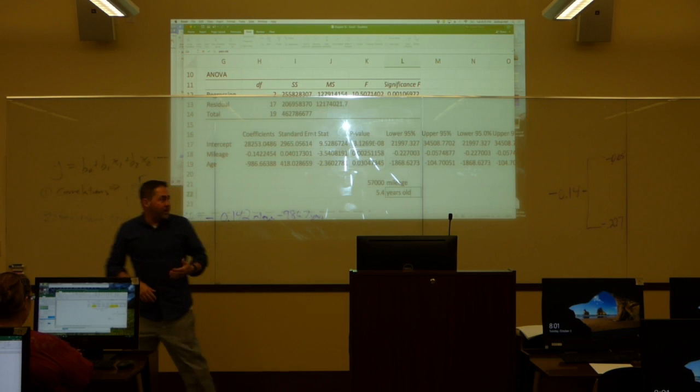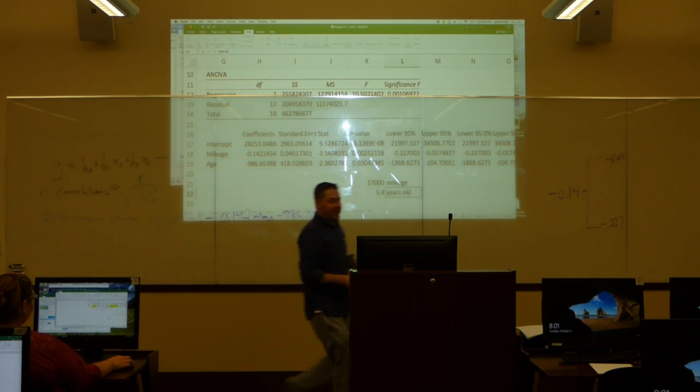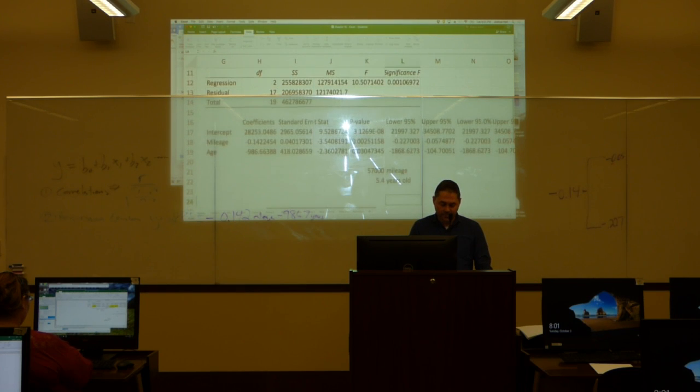So if you're looking at my Camry, what is its predicted value? If you have all this information about other Camrys, and I give you this, what is the predicted value of Dr. Hall's Camry?